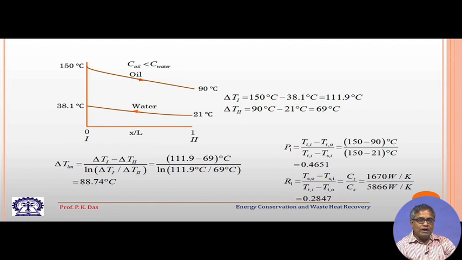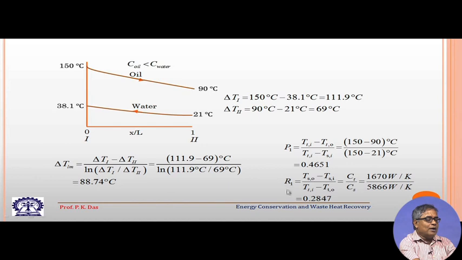Generally these correction factors are obtained from a chart or graph. We need two values, one is P 1, which is given by this kind of formula. This is representative of the actual heat transfer, and this is representative of the maximum amount of heat transfer that is possible from these 4 temperatures, and P 1 becomes 0.4651.